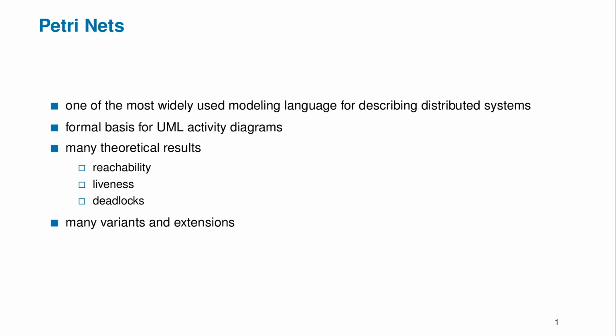So these extensions are then tailored towards very specific applications. And so Petri nets are of interest because they can be used to describe a system in a rather straightforward way, and then they can also be verified.